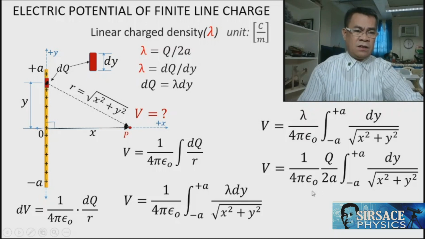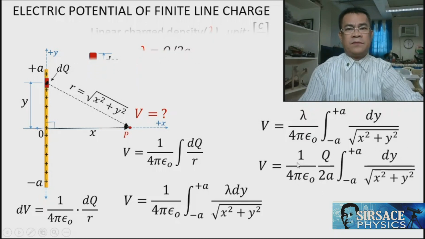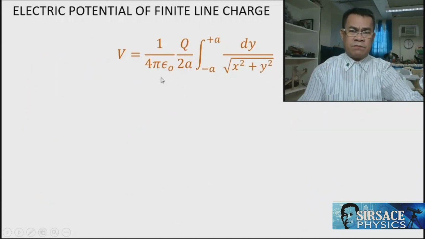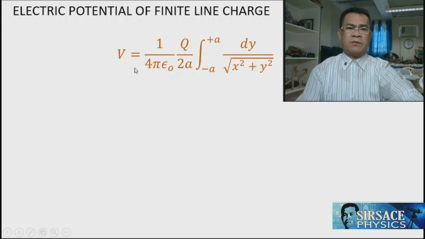So now we evaluate the integral. After evaluating this one, we have to multiply by the entire constants here. Then the result is the electric potential.